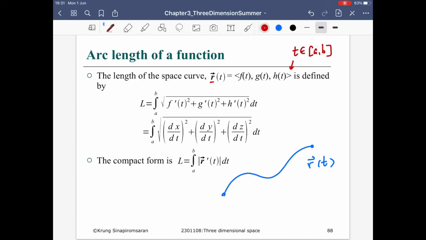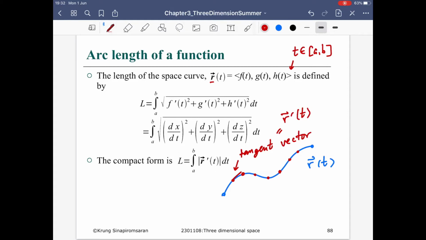If you subdivide this curve into several pieces, at each piece you are going to approximate it by the tangent line, or the tangent vector. What is the tangent vector? It is simply r prime at that particular point.